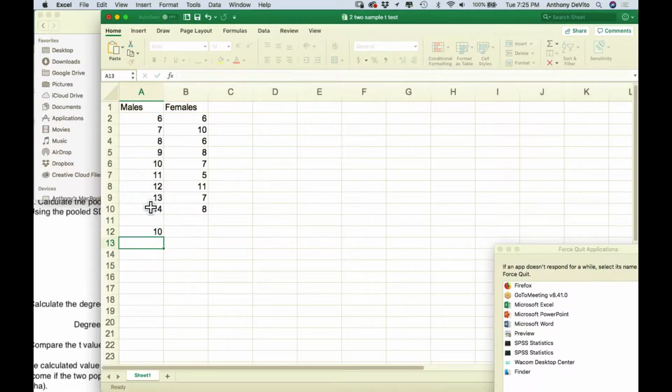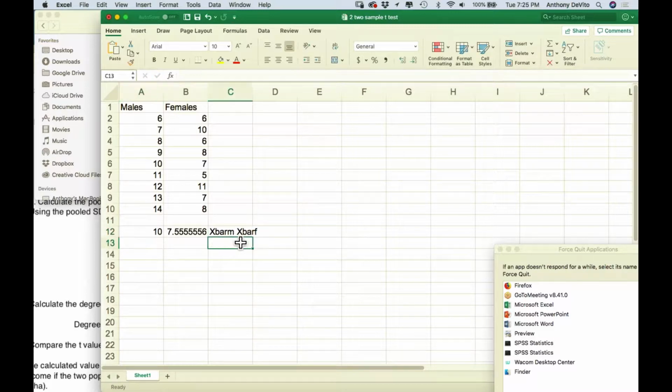The average of these numbers is 10. Equals average, parentheses. And the average for females is 7.55. Okay, this is X bar 1 and X bar 2, X bar M and X bar F.